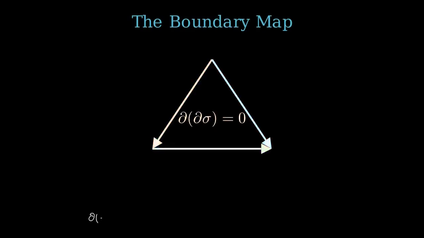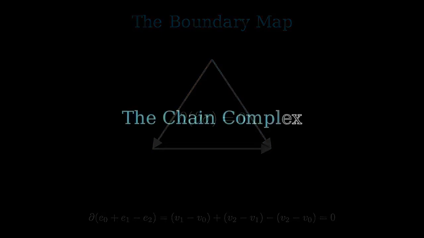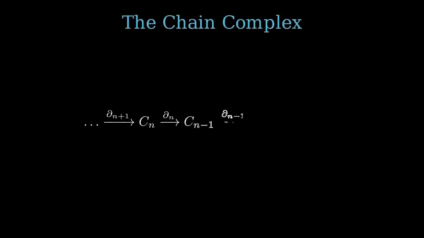Here we calculate the boundary of the boundary of the two simplex. If you do the calculation, you will get 0. We can define a chain complex by a map which goes to lower complexes.